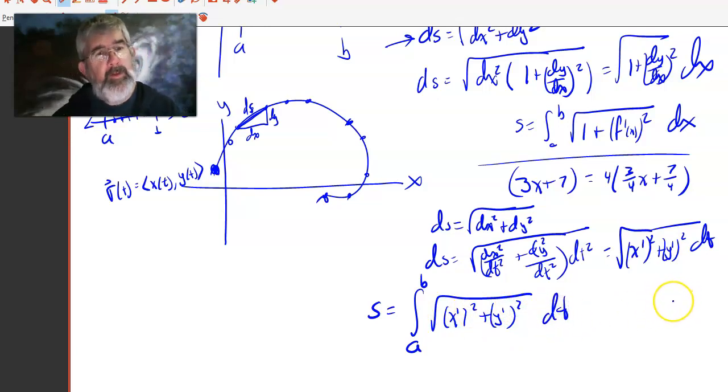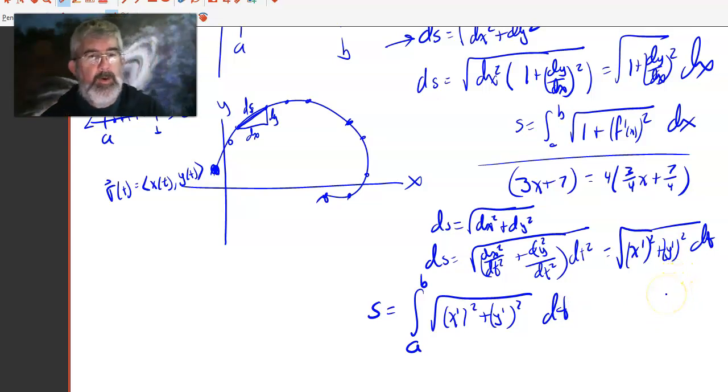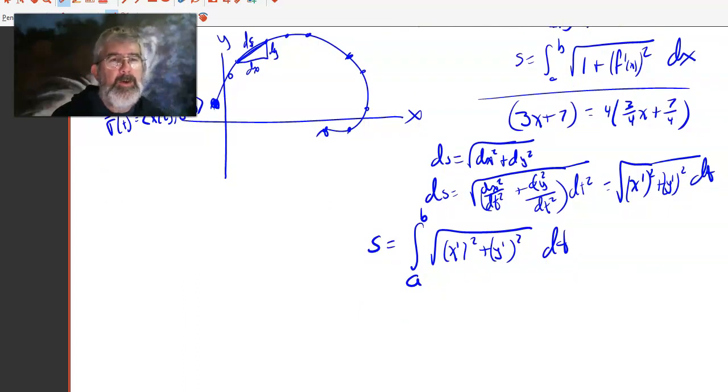Now, there's another way that I want to write this, which, if you're taking the course in the order that it's presented in the winter of 2021, we haven't actually talked about position, velocity, and acceleration quite yet. But this is the nature of knowledge and the nature of learning.